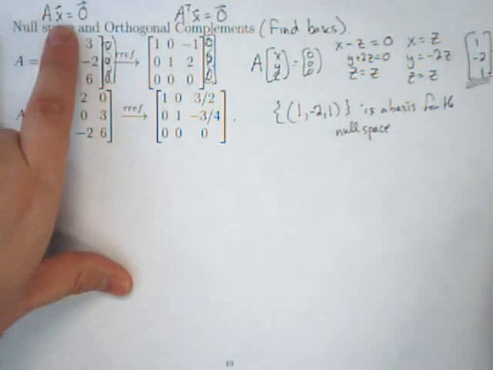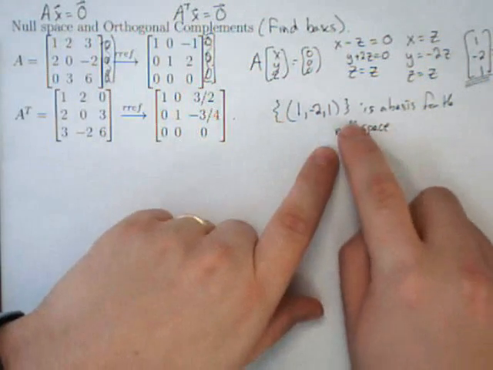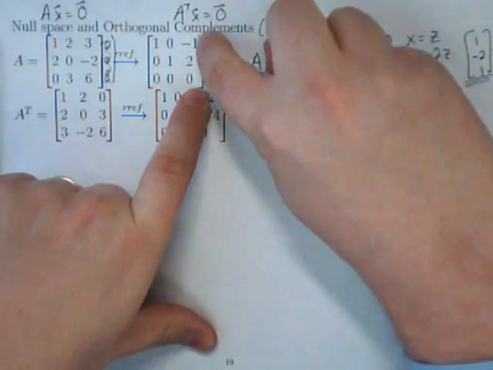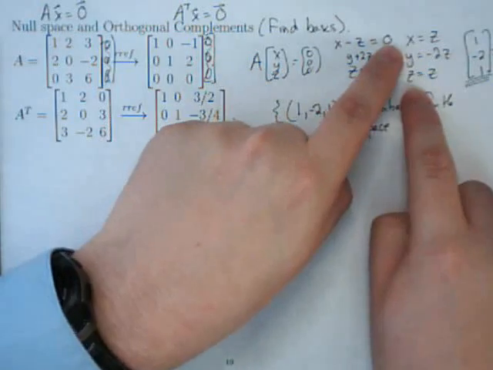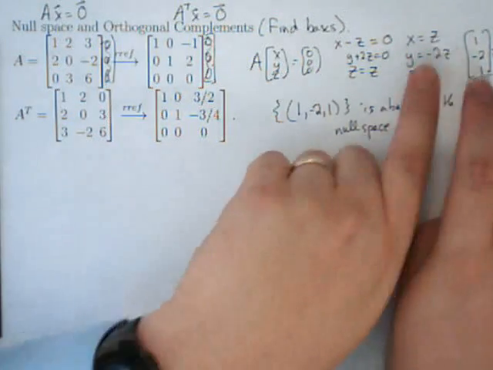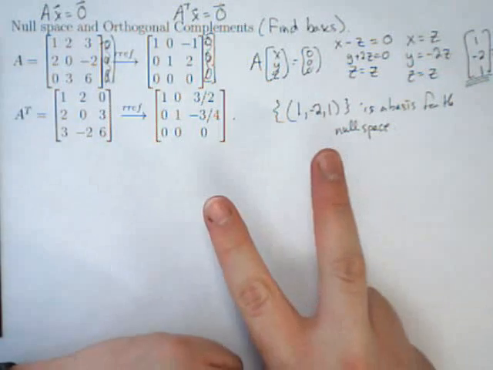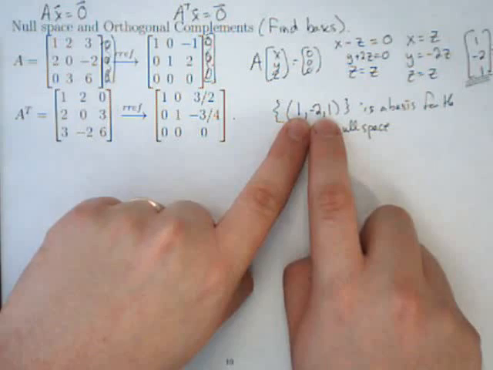So we've answered the first question: how do I find a basis for the null space? We row reduce, take the free variables, and rewrite the solution in terms of the free variables. The vectors we obtain are precisely a basis for the null space. If there had been two free variables, two non-pivot columns, then I would have had two vectors in my basis.